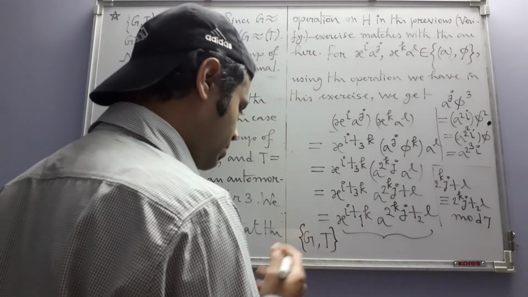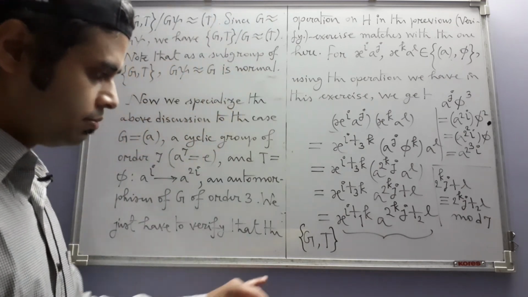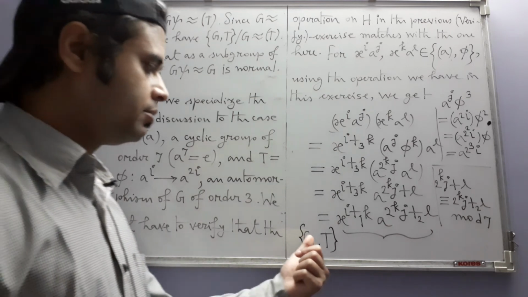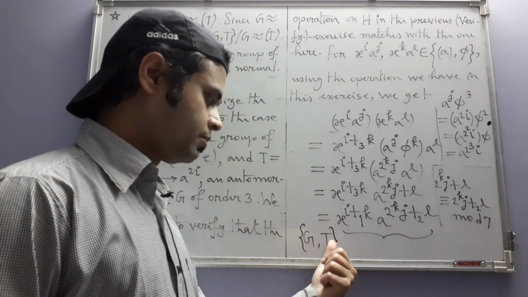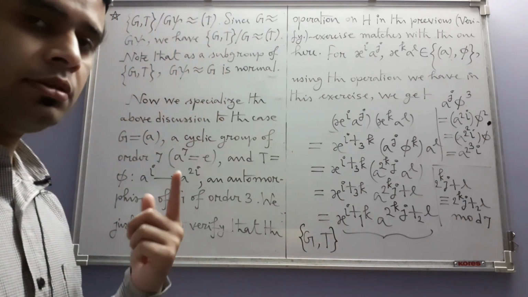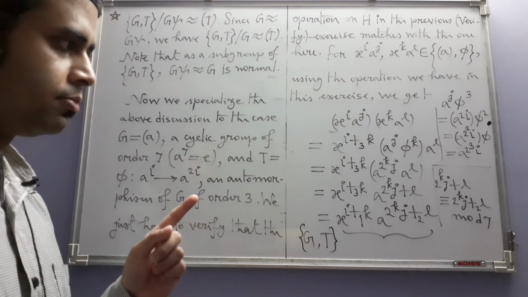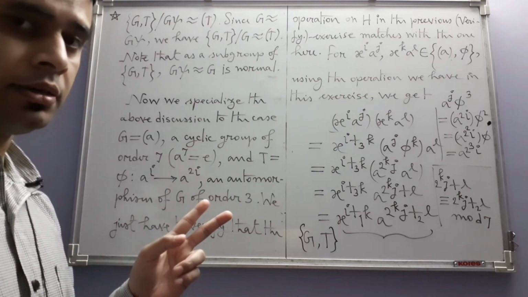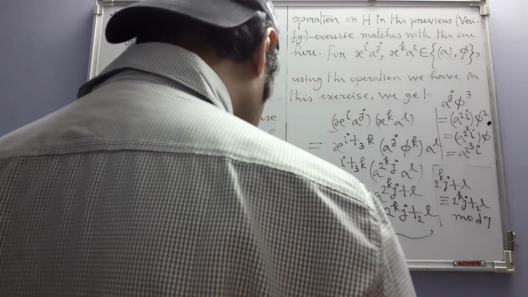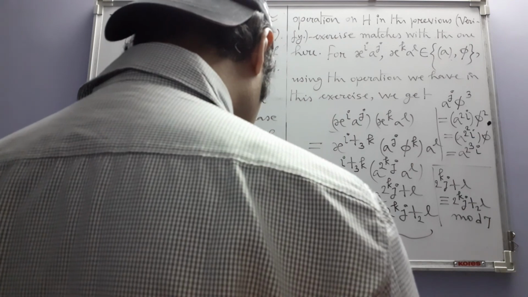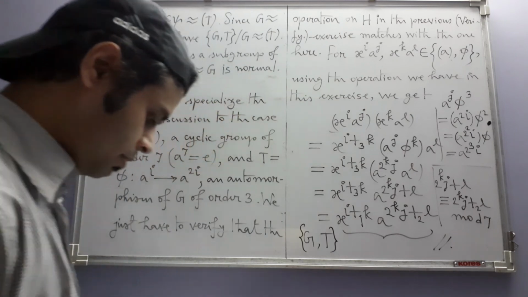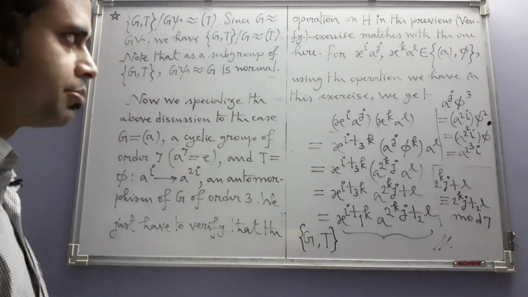So we can always make any group a part of a larger non-abelian group, provided we get an automorphism of the original group that is not an inner automorphism, and number 2, it has finite order. Okay, so this completes this discuss exercise, and I am going to stop the video here itself.